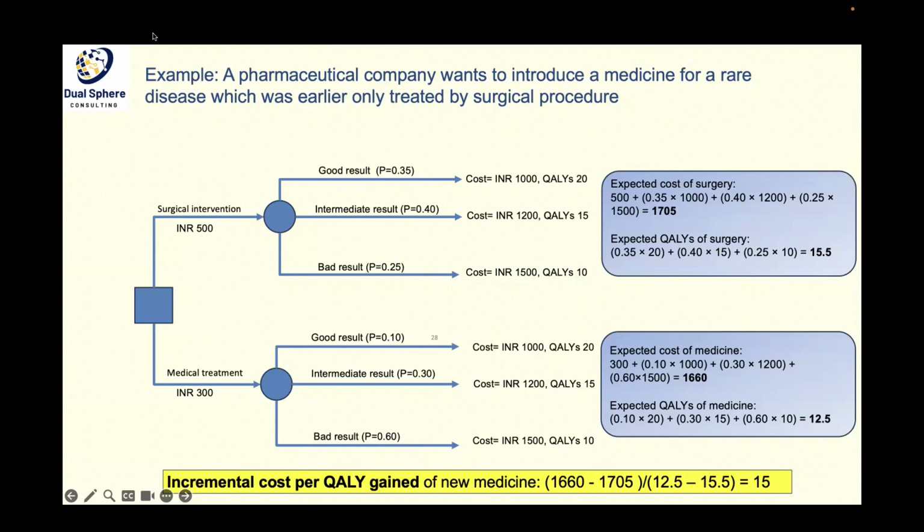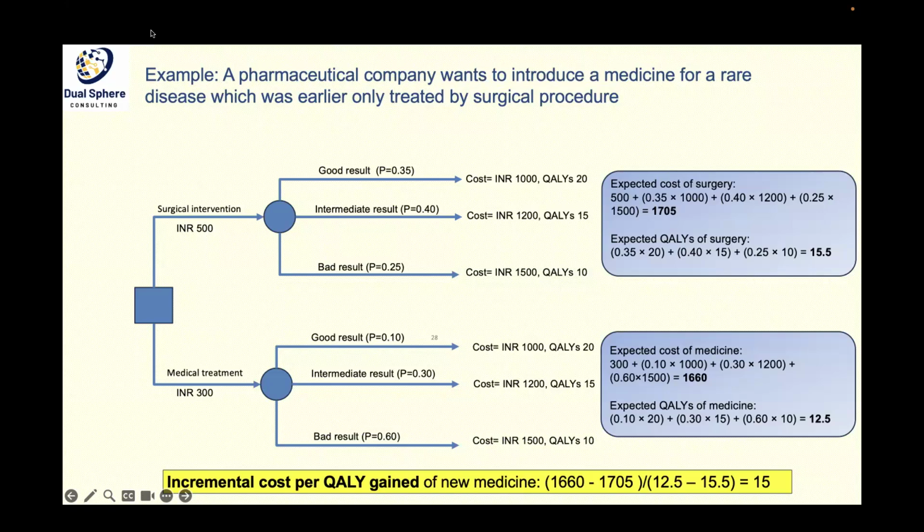So 1660 is the cost of your medical treatment minus 1705, your cost of surgery, which was your comparator, which was available earlier. Divided by the QALYs of your new intervention minus the QALYs of your surgery, which gives you 15.